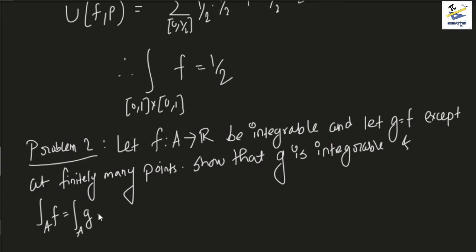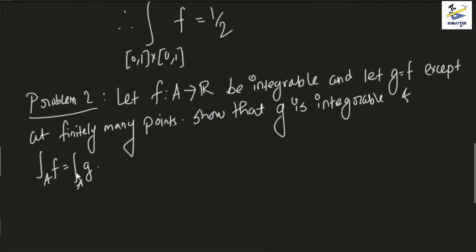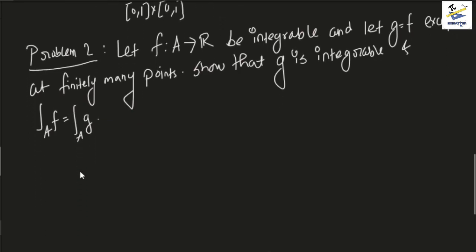The goal of this problem is to show that if one function is integrable and another function equals it except at finitely many points, then the integrals of those two functions are equal. When I say finitely many points, I mean the functions differ only on a finite set of points, while at all the other points they are equal. That is what it means to show this problem.